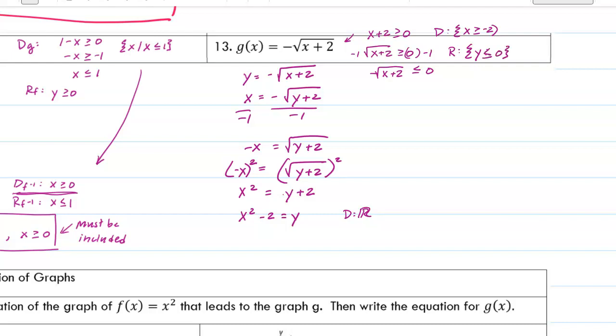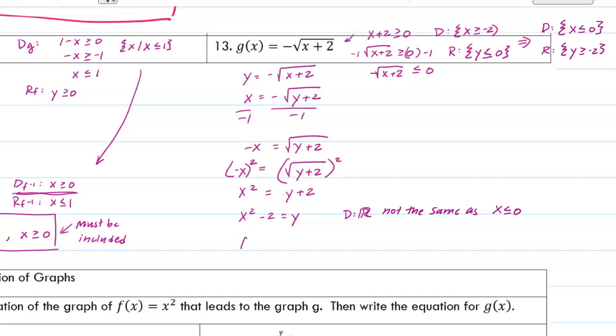Okay. Now, for the inverse, the domain is going to be switched, and the range is going to look like that. The domain is not the same as x is less than or equal to 0.